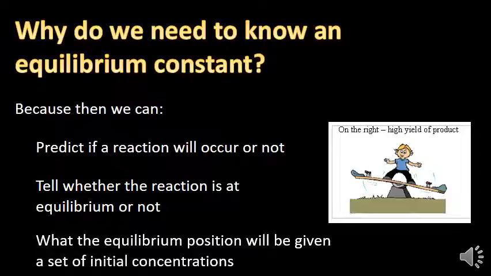I can tell which direction it will shift. Is it going to shift towards equilibrium or away from equilibrium? Am I going to shift towards reactants or shift towards products?